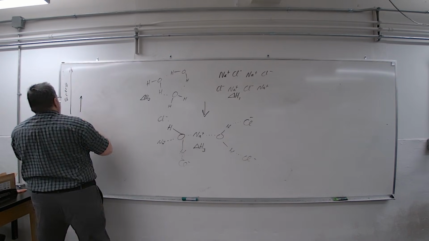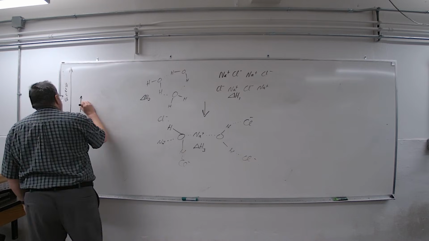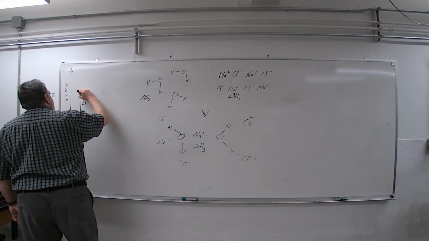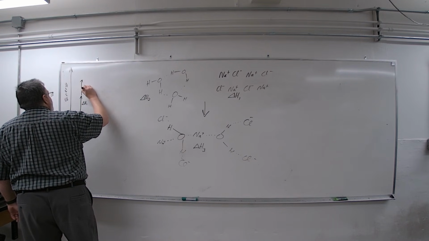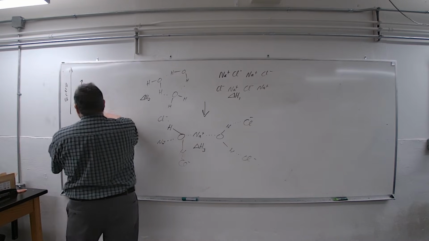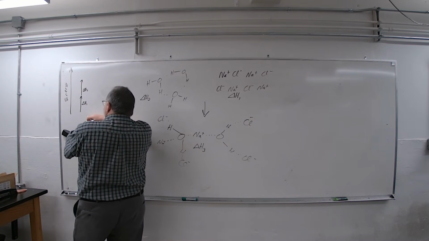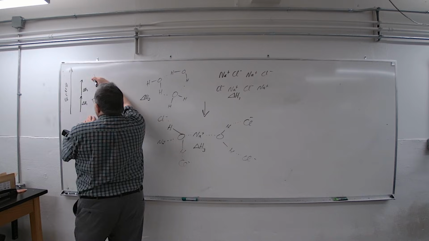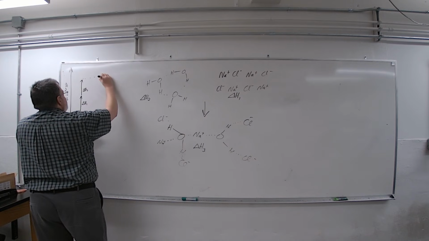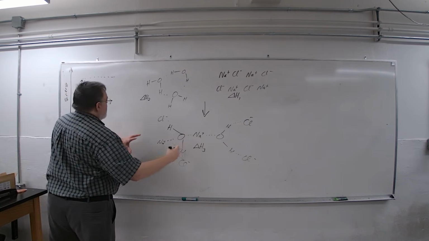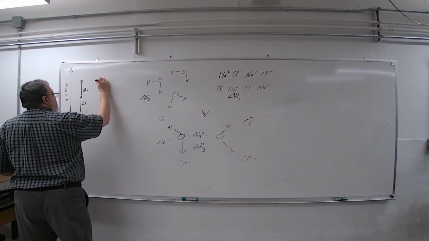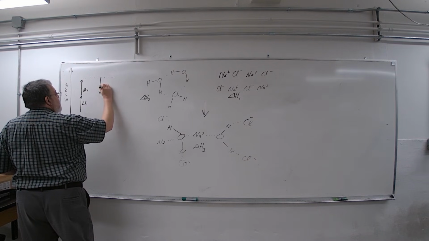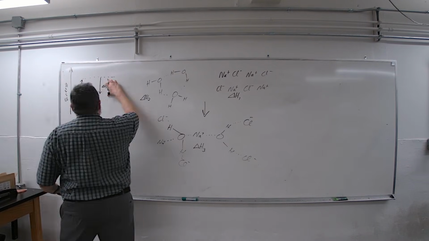Energy, positive direction. This is delta H1. And then more energy for the delta H2. And those together tell you how much energy actually has to go in to cause this to happen. Let's say this is that energy level. And then when these come together, let's say delta H3 was that much energy.